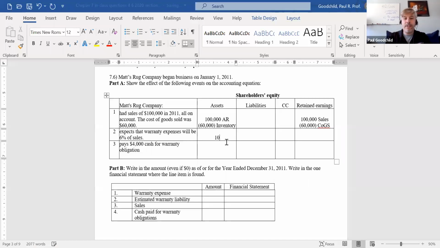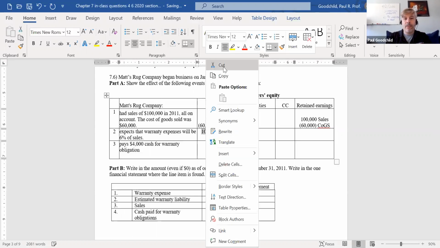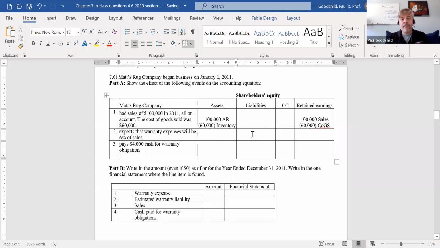So 100,000 here multiplied by 0.06 gives us 6,000. Sorry, I did that in the wrong column. Okay. And so we're going to end up with a warranty liability of 6,000 and then 6,000 for warranty expense.